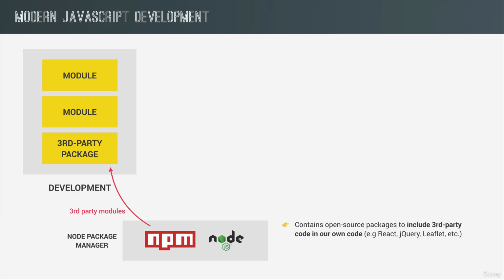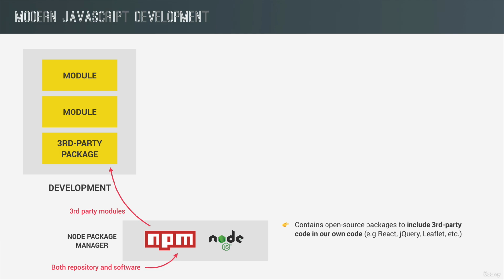Now, in order to actually download and use and share packages, we use the NPM software installed on our computer. And this is just a simple command line interface that allows us to do all that. So basically, NPM is both the repository in which packages live and a program that we use on our computers to install and manage these packages.